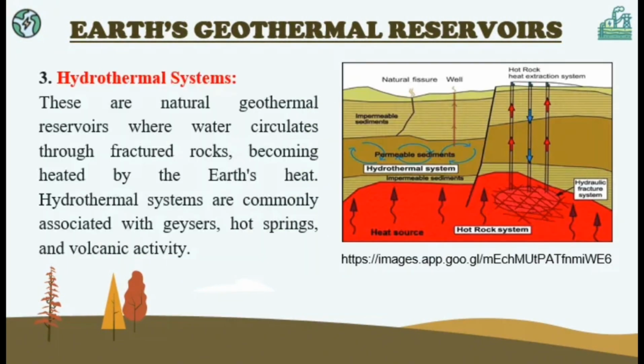So the last one and the third one would be the hydrothermal systems. These are natural geothermal reservoir where water circulates through fractured rocks, becoming heated by the Earth's heat. Hydrothermal systems are commonly associated with geysers, hot springs, and volcanic activity.